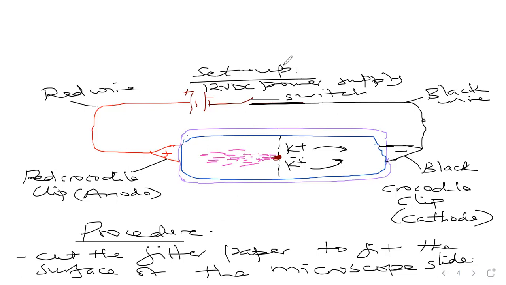And then in the same solution are formed manganate 7 ions that migrate to the anode. And remember, these ones, their color is purple. You're getting me?